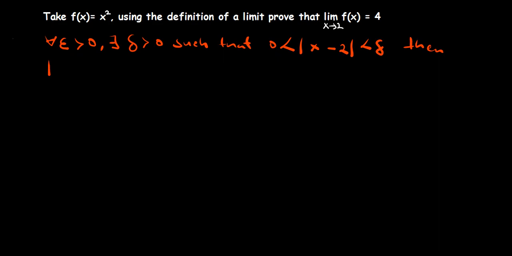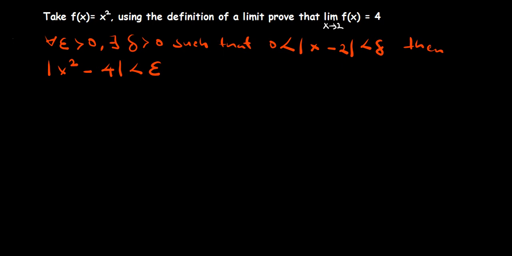What is our f of x in this case? Our f of x is defined by x squared, and our limit is 4. We must use this in order to prove that that is true.